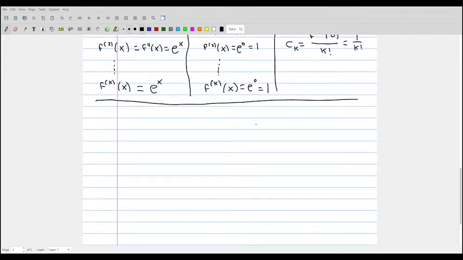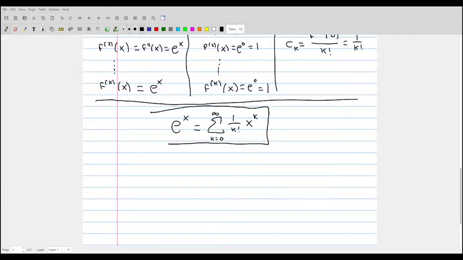And our Taylor series for e to the x is exactly equal to the summation from k equals 0 to infinity of this coefficient ck, which is 1 over k factorial, times x to the k. And this is the power series expansion for the function e to the x.